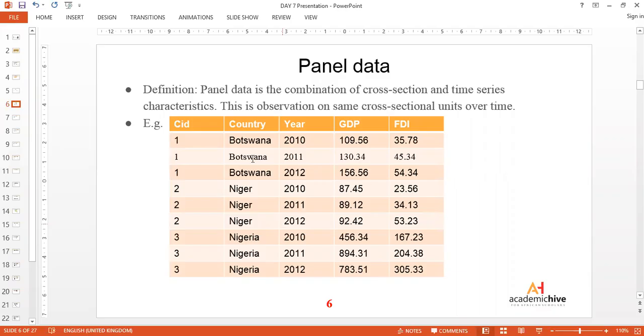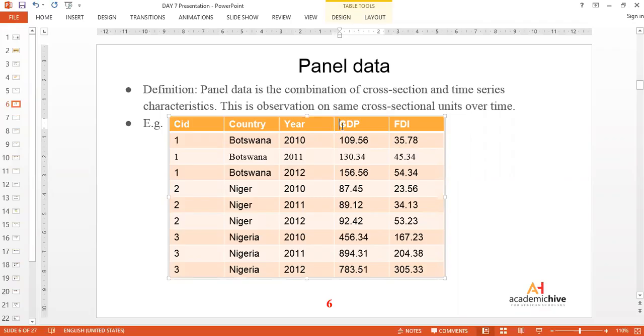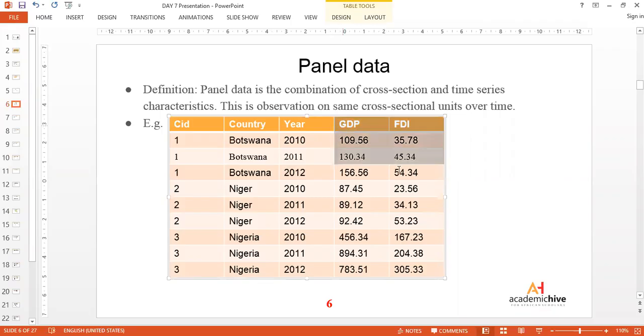So we have Botswana here, and we took the GDP for Botswana as at 2010, 2011, and 2012. And we did the same for the FDI, that's the foreign direct investment, for Botswana as at 2010, 2011, and 2012. So we can see the time series aspect here, and we can see the cross-sectional aspect here as well for a particular observation, Botswana.